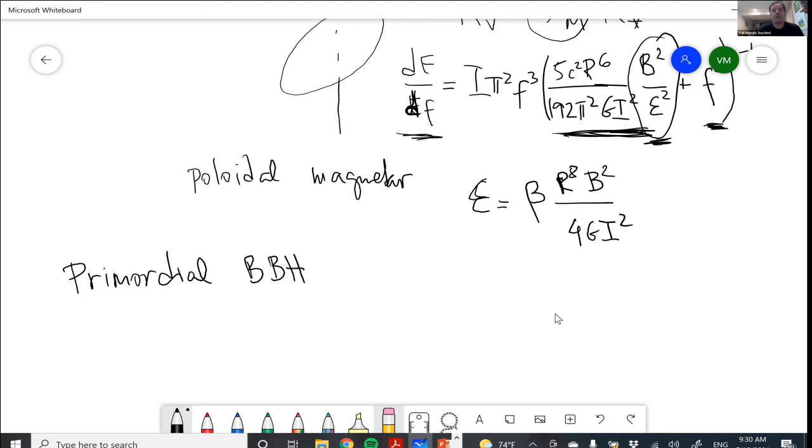One example that we looked at is basically when the first binary black hole detection was made. There was a paper by Kamienkovsky and collaborators asking, is this first detection a primordial black hole binary?